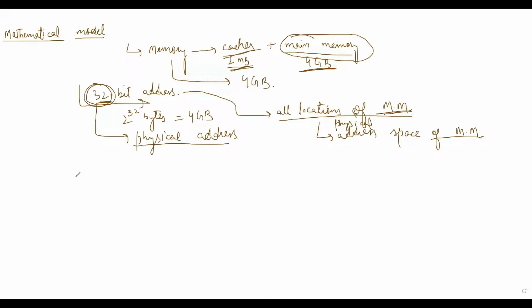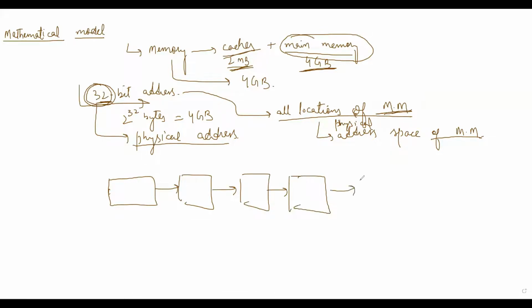Now, in our pipeline, since we have to discuss a mathematical model, our fourth stage was the memory access stage. We were saying that this memory access takes one cycle, but it is not always the case.